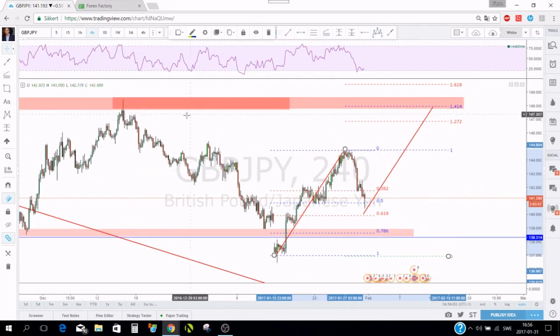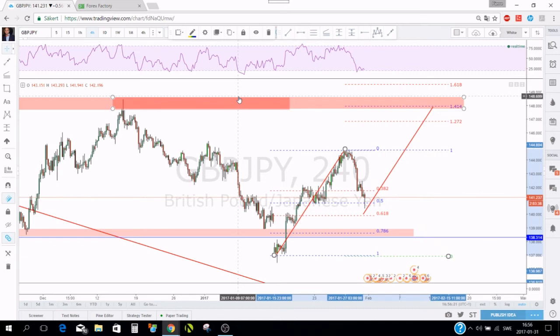That comes in the same area where we have our resistance, and that's why I will be interested to short this time, because we have both the AB equals CD completion if it happens, and that's still if it happens.